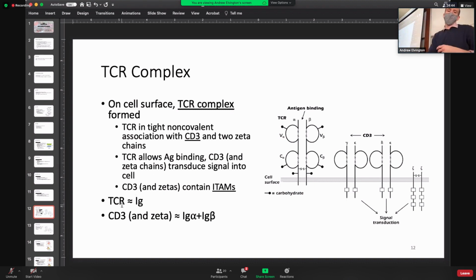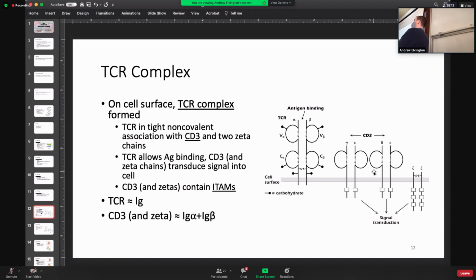So the analogy here is the T cell receptor is analogous to the immunoglobulin, the membrane-bound Ig. CD3, the signal transducer in the T cell, is analogous to Ig alpha and beta, the signal transducer in a B cell. Which ones are activating? So once we've seen antigen, CD3 gets activated.